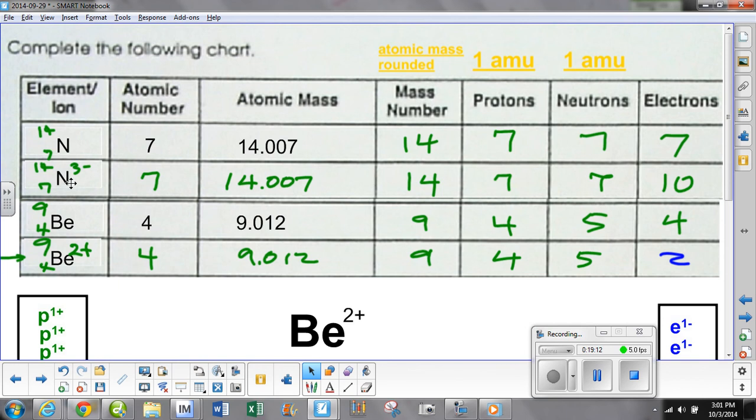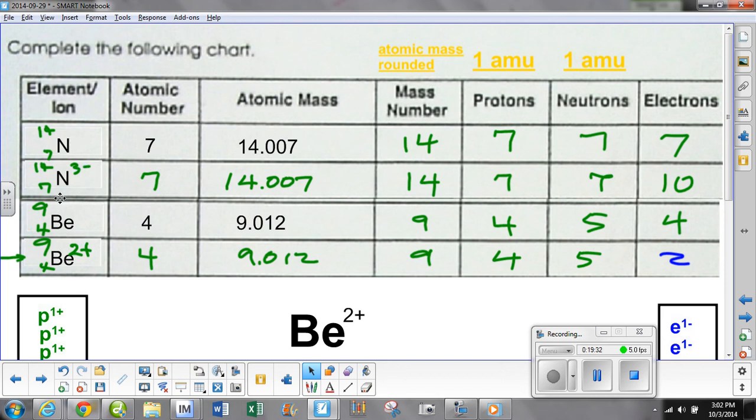Okay, what did we do with nitrogen? Had to add electrons, because we have now 3 more electrons in nitrogen, the ion, than we had in nitrogen, the atom. If the charge is negative, you always add electrons? You add electrons, yes, it's opposite.